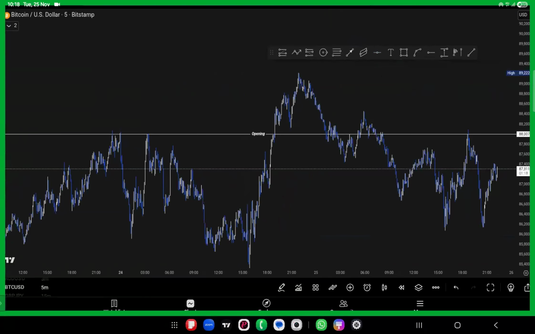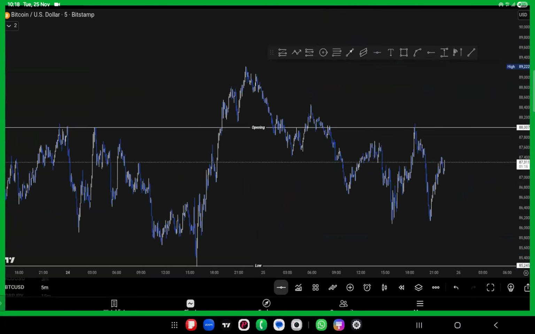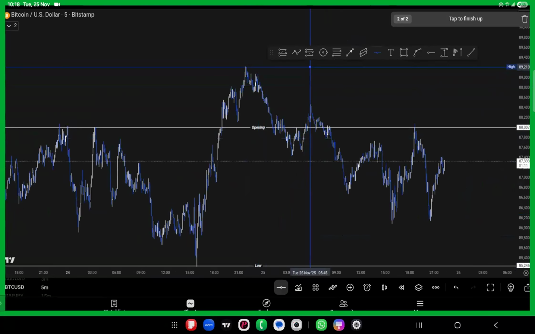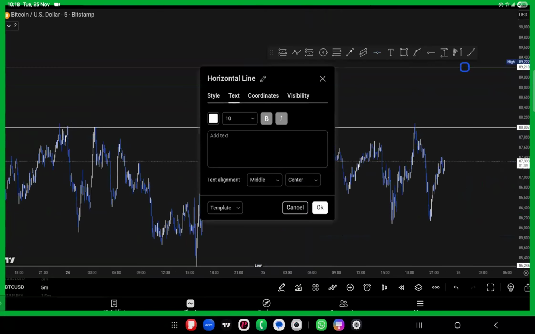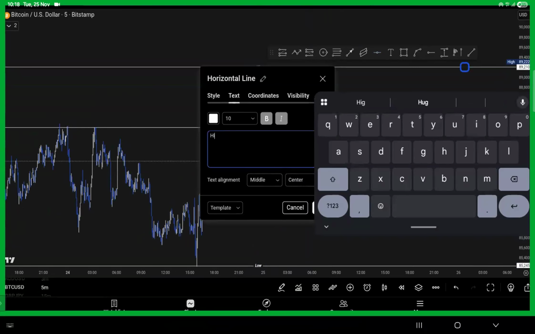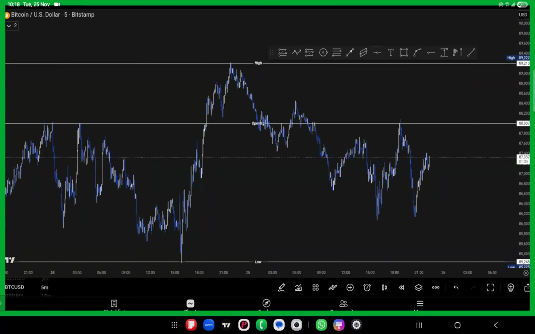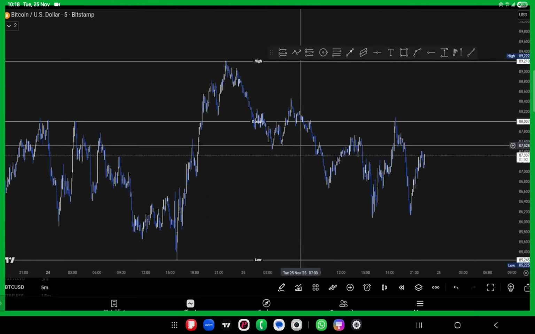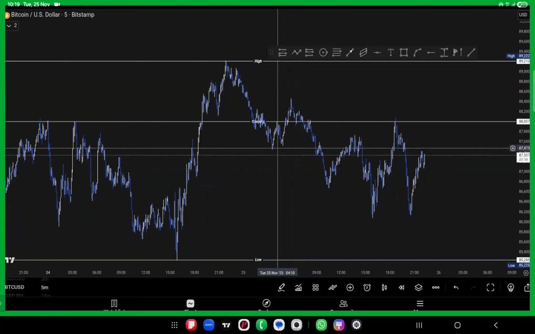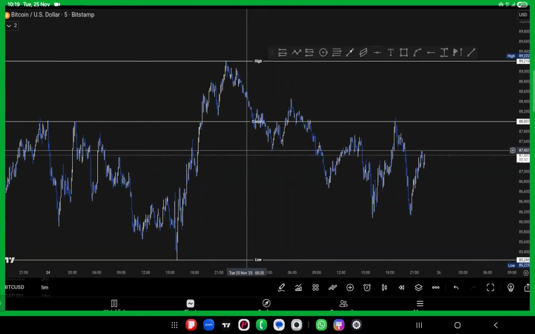Now, this is the highest point that price got to for that day before it was rejected as well. Now let's check for the closing. The new day started around here.